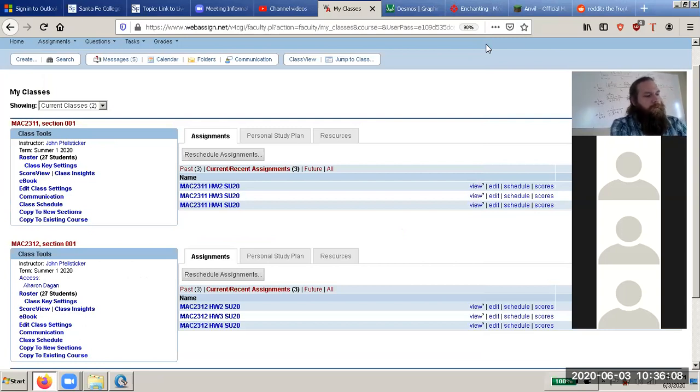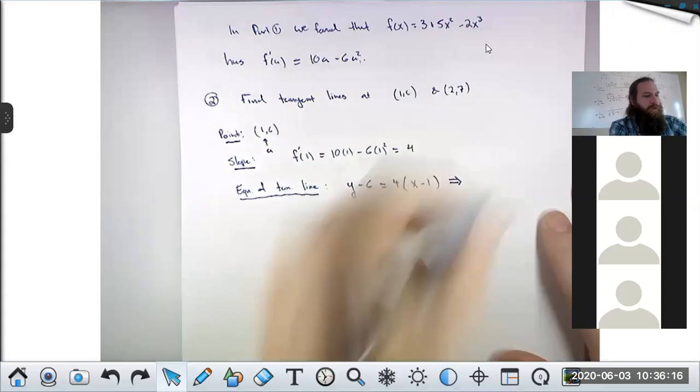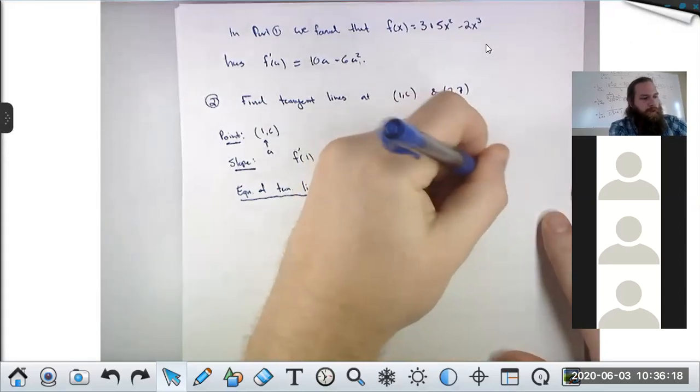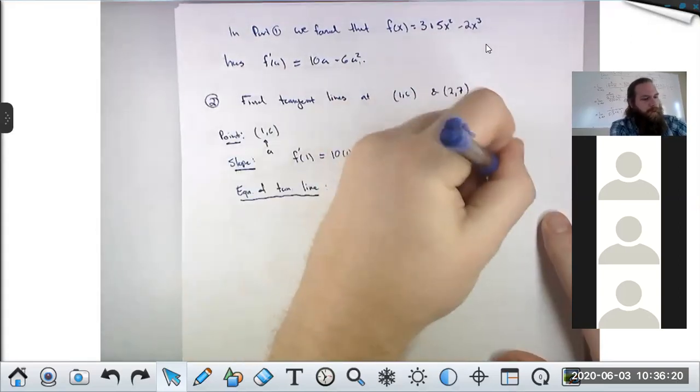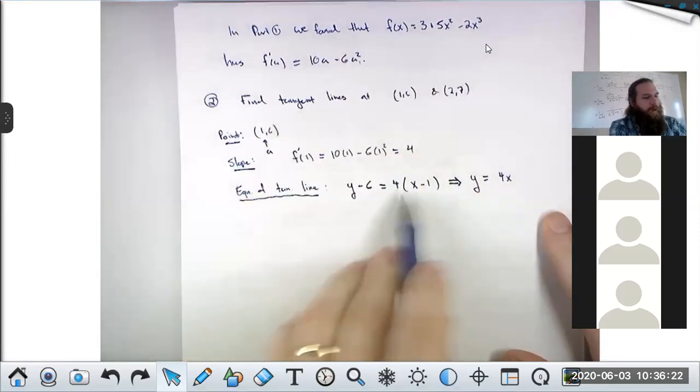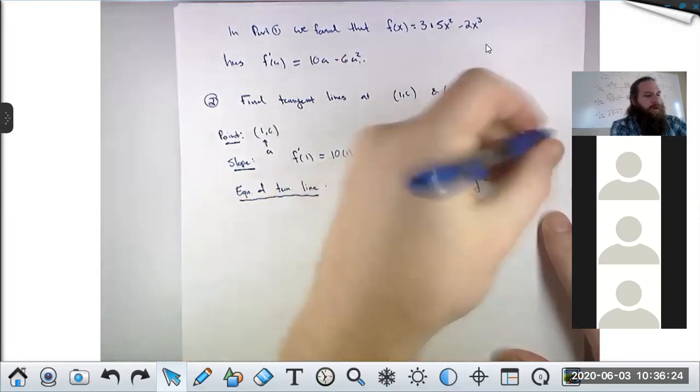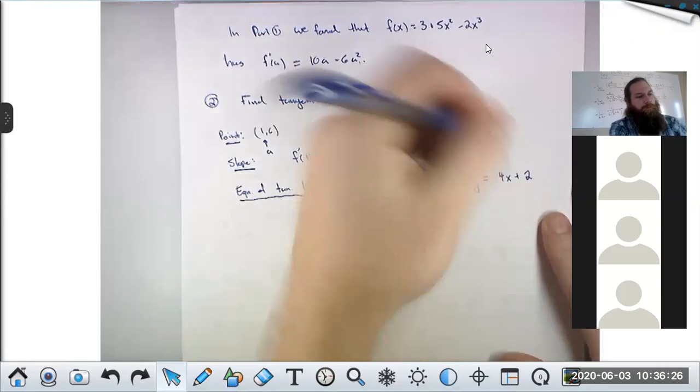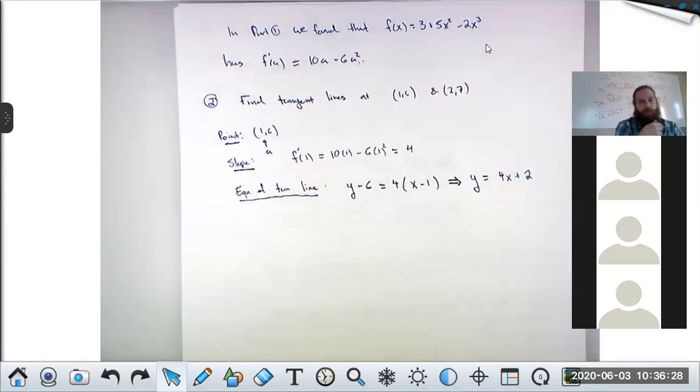I can distribute the 4, so I'll have 4x minus 4, and then I add 6. So I solve this for y now, and I get y equals 4x minus 4 plus 6, which is plus 2. So just solving that point and slope equation for y.